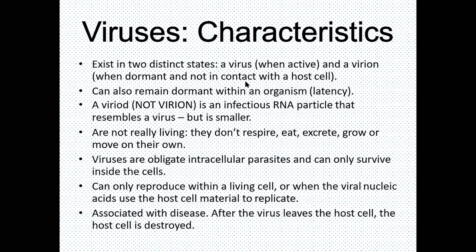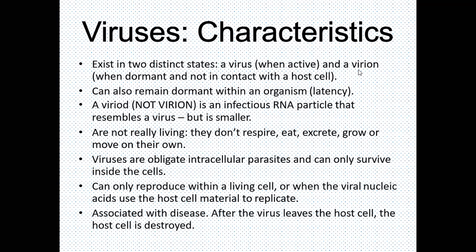Main characteristics of virus: virus has two states, one is passive state and another is active state. In the passive state, a virus is called a virion, meaning dormant and not in contact with the host cell.